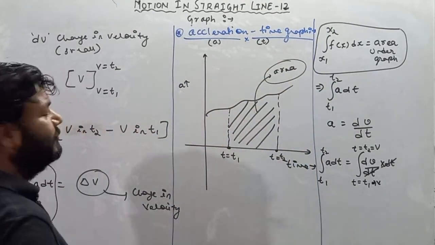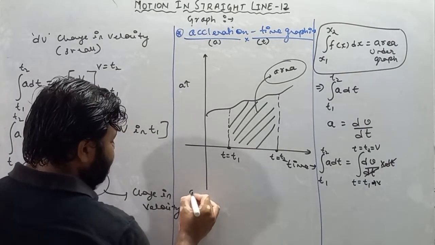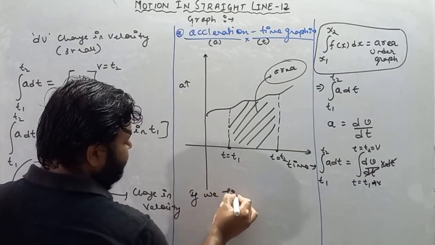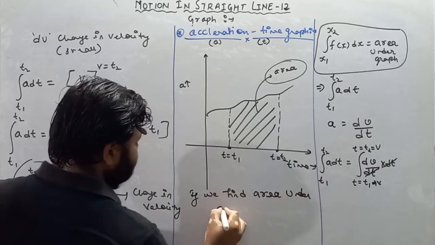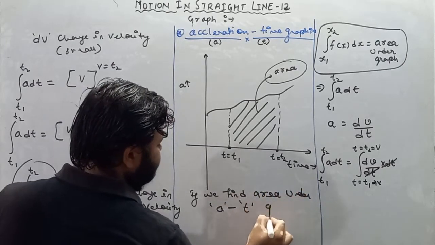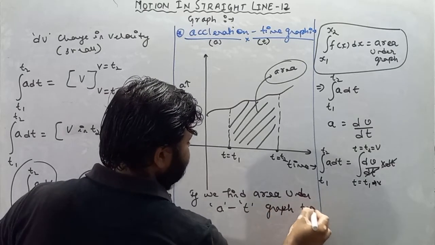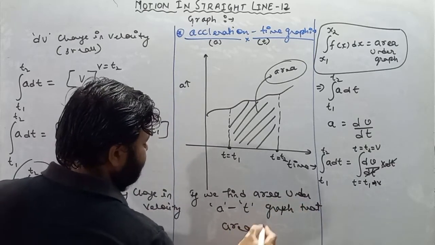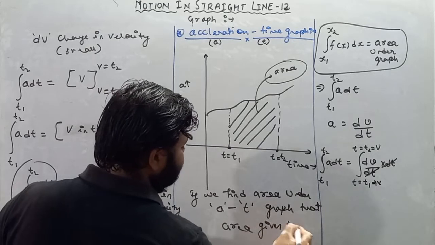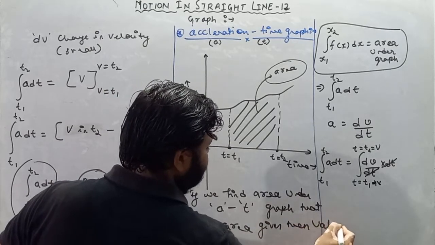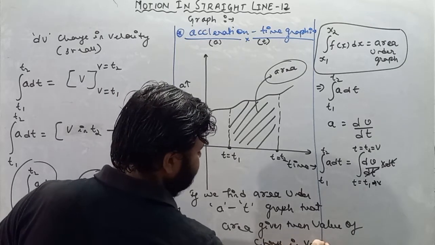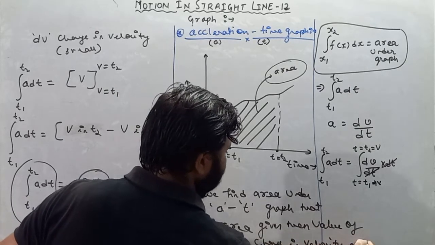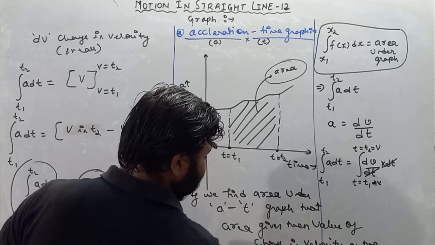So what does it conclude, my dear student? It concludes that if we find the area under the acceleration time graph, that area gives the value of change in velocity of the particle.